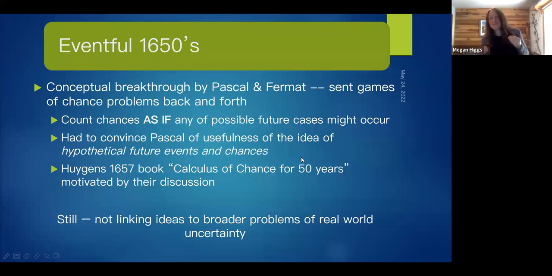This was when the first ideas arose that we can count chances as if any possible future cases might occur. So, this hypothetical: we could think about continuing to do this, and about how to quantify probability, or uncertainty for future events, in that setting. But Fermat had to really convince Pascal of the usefulness of this idea of hypothetical future events and chances. Pascal was not on board with that to begin with.